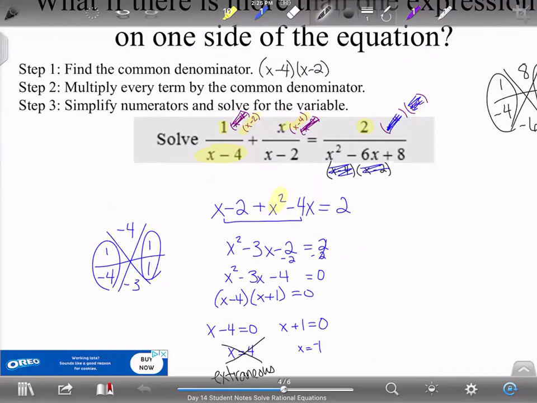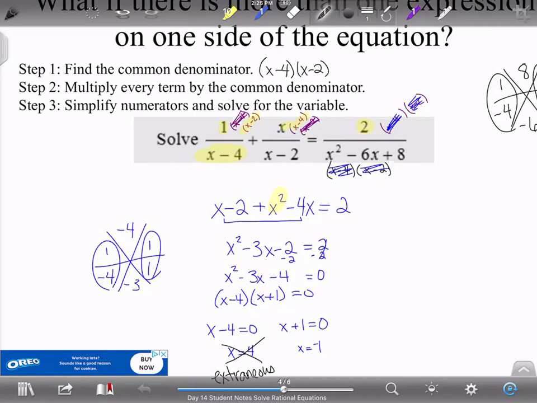So then we can check negative 1. Again, if I started that first fraction and plug in negative 1 for x, I would have negative 1 minus 4. Negative 1 minus 4 is negative 5, so that's good. It's not 0. Then I would go to the second fraction, plug in negative 1 minus 2, we know is negative 3, so that also would not give me 0.